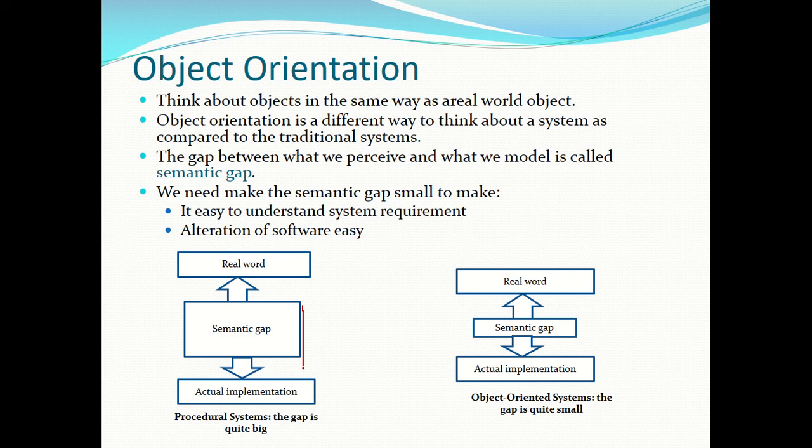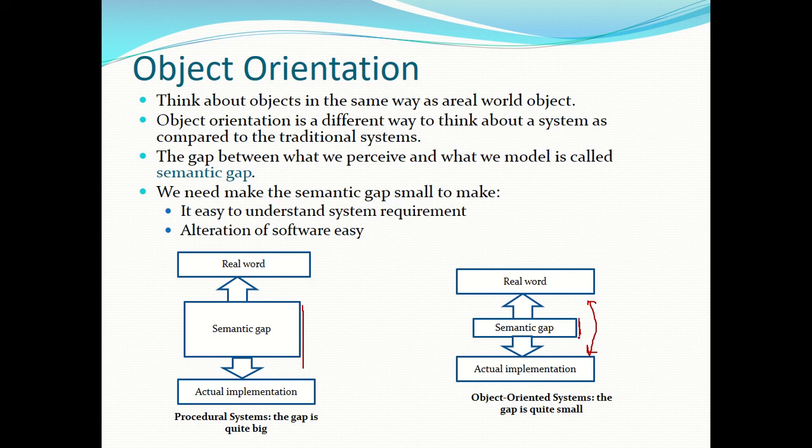But if you use an object-oriented system, you will see that the semantic gap between the real world and the actual implementation of the system is quite a bit smaller than in the procedural language. It could be like 95% similarity. Somehow we are trying to reduce the semantic gap size, so the implementation will look more like the real world.